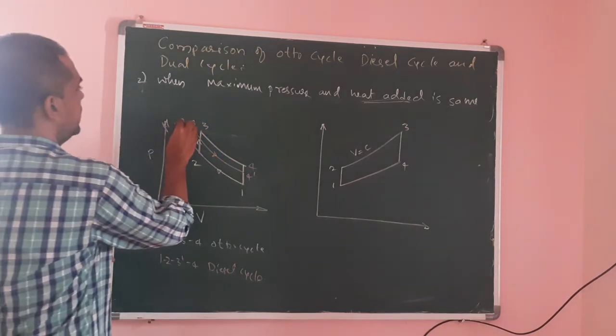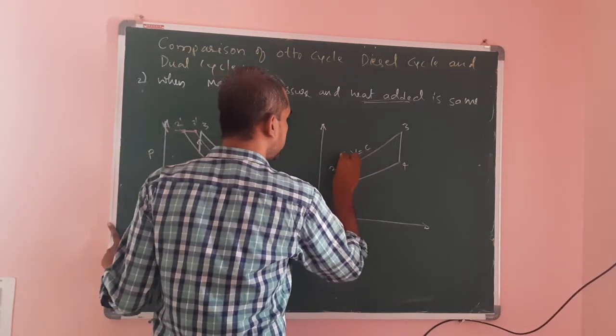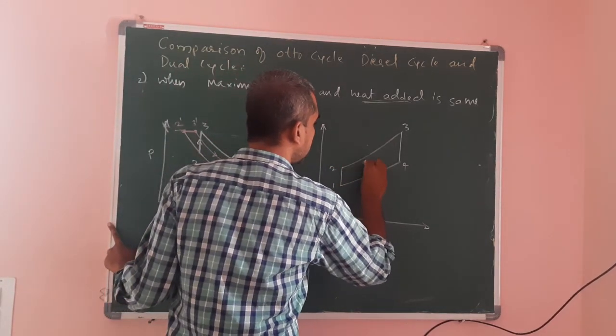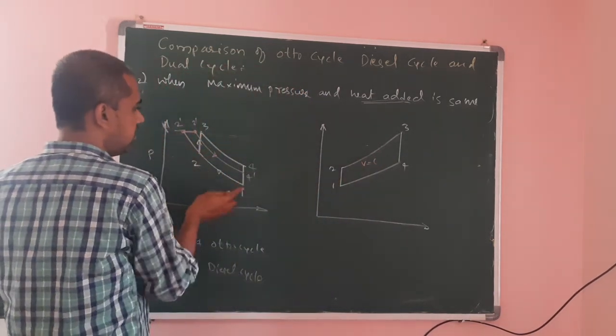Now I have to draw the same on the TS diagram. 1 to 2 dash will be like this. This is V equal to C. 1 to 2 dash, you can see it is larger.